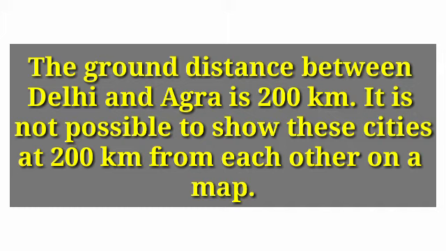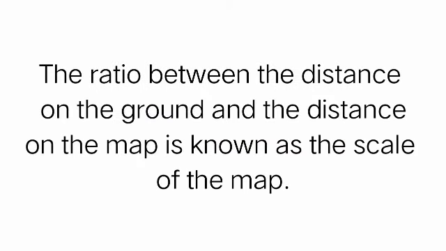Therefore, this distance is represented by a smaller unit, like 5 cm on the map. So the ratio between the distance on the ground and the distance on the map is known as the scale of the map. In this case, we would write it as 5 cm is equal to 200 km.